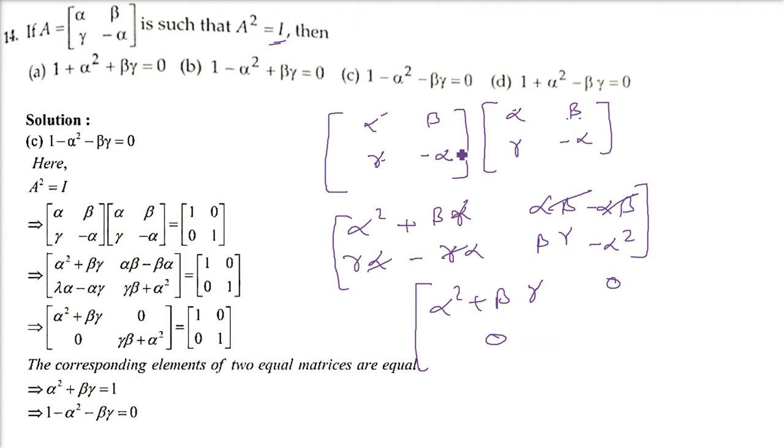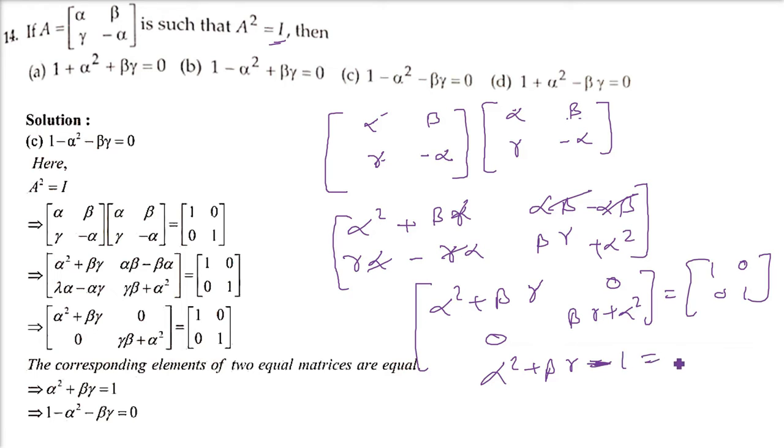It will be alpha square plus beta gamma equals the identity matrix, that is going to be 1 0 0 1. Okay, now let us equate it. See, alpha square plus beta gamma is equal to 1. From the second also you get alpha square plus beta gamma is equal to 1. In both the cases you get this.